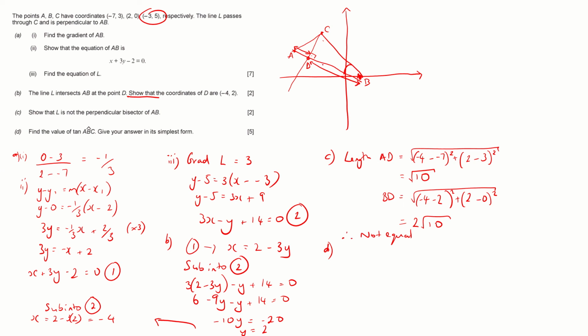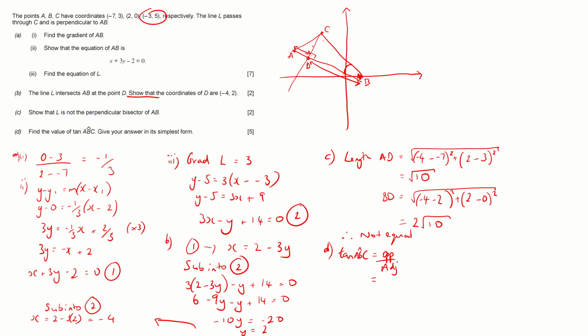Now, obviously, we have a right angle triangle between B, C, and D. Now, tan ABC is opposite over adjacent. We don't need to do anything else other than just work out what the opposite and the adjacent are and put them into this fraction because it only wants tan ABC.